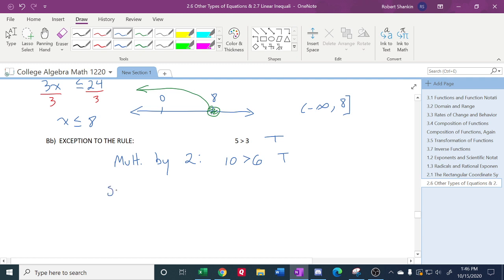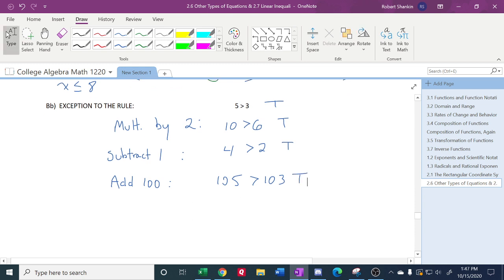I'm going to subtract 1 from both sides. Do I still get a true statement? Yes. I'm going to add 100 to both sides. Do I still get a true statement? Whatever I do, as long as I do it to both sides, divide by 10, as long as I do the same thing to both sides, it just moves the decimal point, and it's still true.